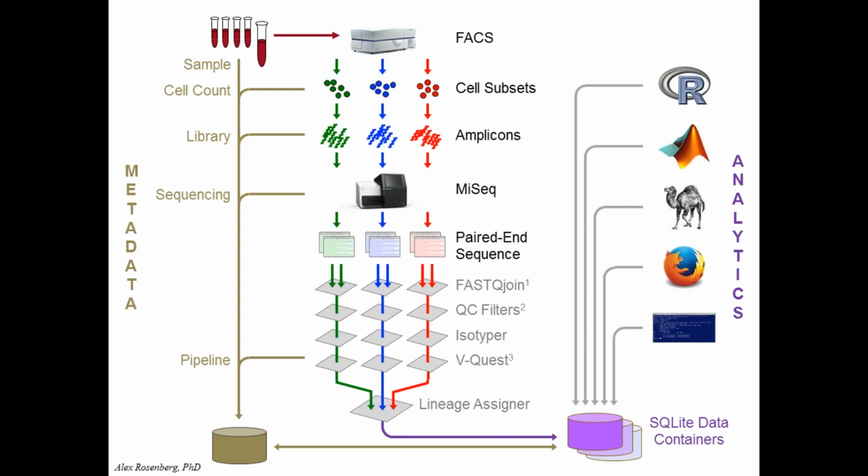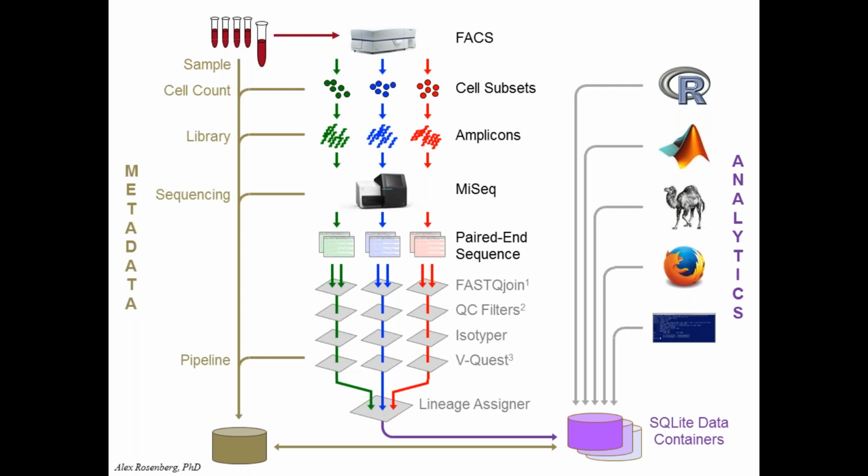Then each one of these pairs goes through a pipeline that consists of both off-the-shelf and in-house developed components. It does things like quality filtering, joining the sequences, quality filtering, and determining the isotype. We send these sequences out for alignment using vQuest, which is not directly integrated into the platform.